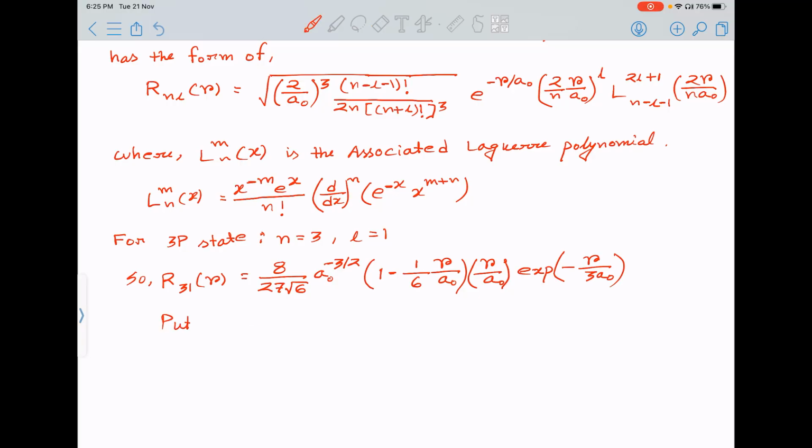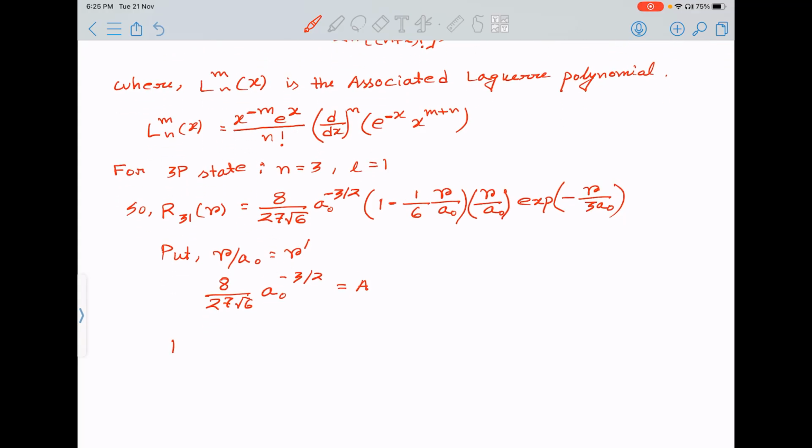So put r by a naught equals r prime, and 8 by 27 root 6 into a naught to the power minus 3 by 2 as a constant capital A. So this will make R_31 as a function of r equal to A times r prime times (1 minus r prime upon 6) into e power minus r prime upon 3.